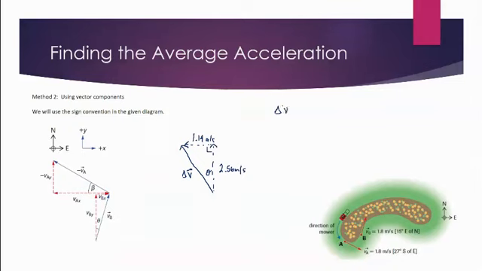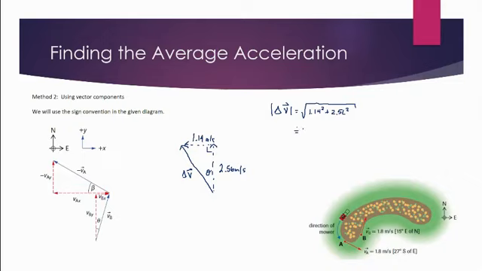So what is the size of this delta V vector? This is the root of 1.14 squared plus 2.56 squared. And don't forget the square root.